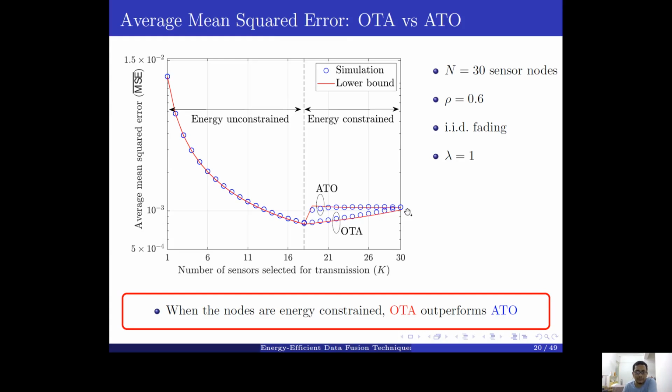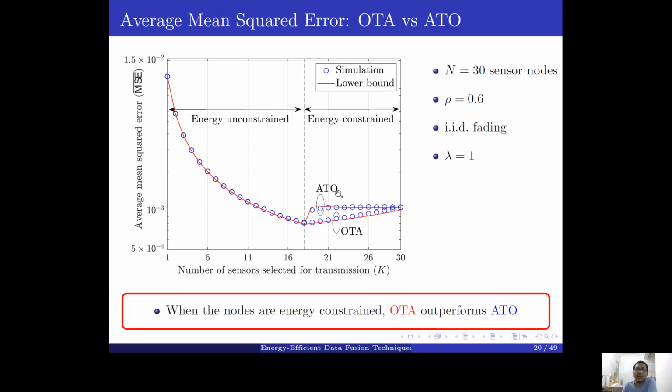Beyond this point, when the nodes become energy constrained, we can see that OTA outperforms ATO.